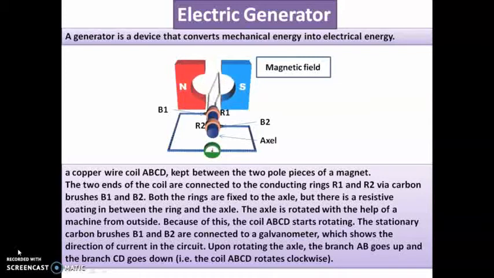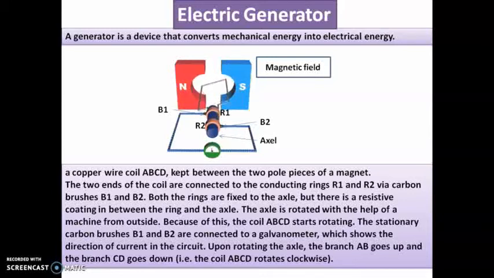Now let's study the construction and working of this electric generator. As you can see, children, you see a copper wire ABCD. This we have already studied in the case of the electric motor. Here you see a copper wire which is kept between two poles of a magnet. N and S represent a magnet.